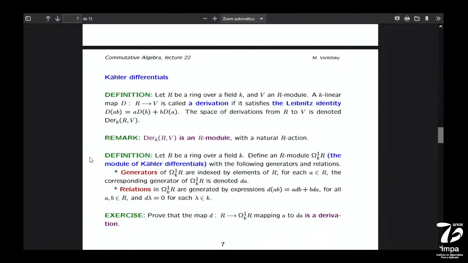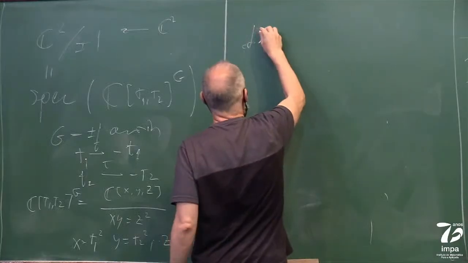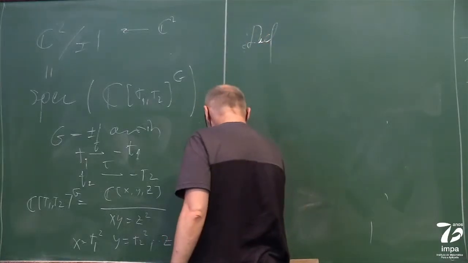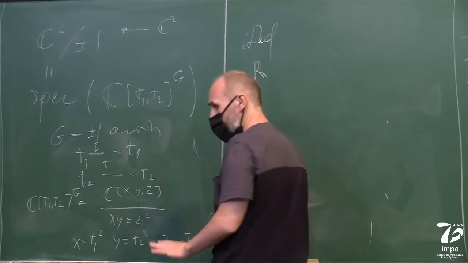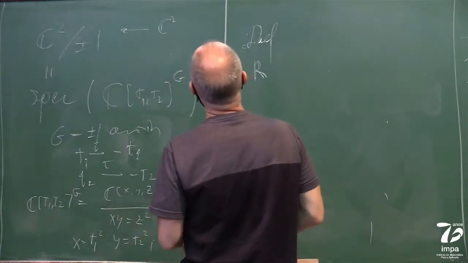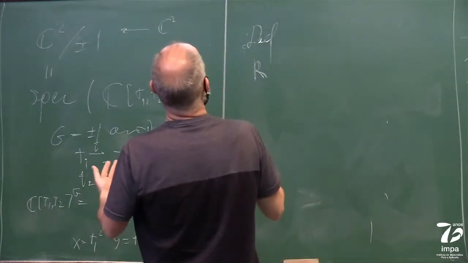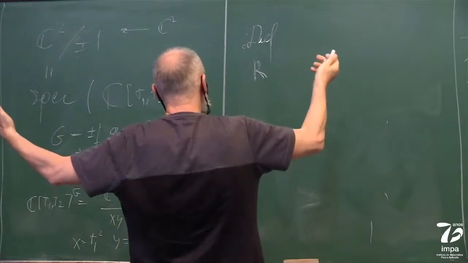Now I will give you two definitions, starting with derivations. So you have a ring R. Typically, we will work over a field, so you can take differentials over a field, derivations over a field, or just derivations.